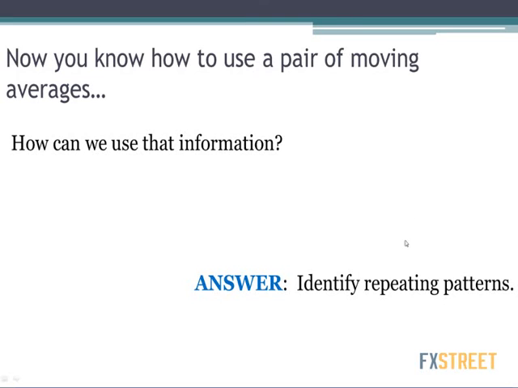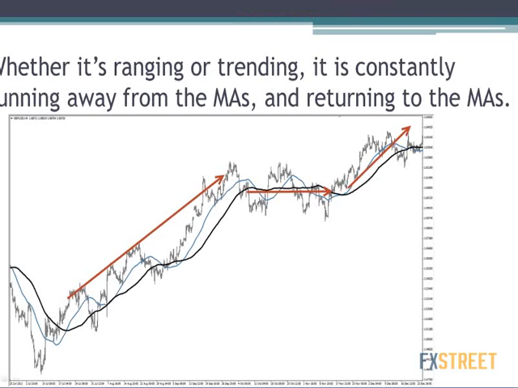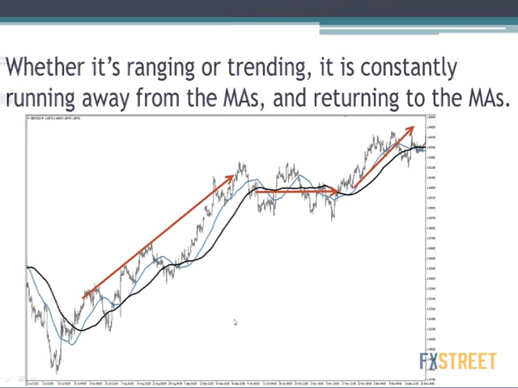And the only way that you can anticipate and expect that pattern is if you have practiced being able to identify patterns that do repeat in the market. And the two moving averages are going to help you do just that. So whether the market is ranging or trending, it's constantly doing something that it repeats over and over and over again when it comes to using two moving averages.